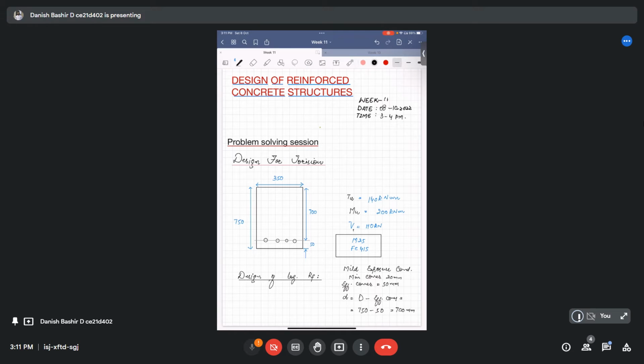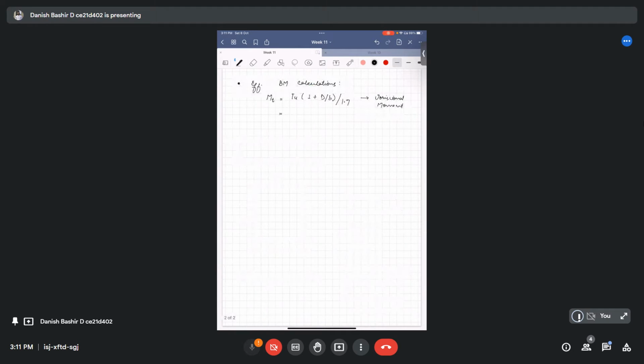So Mt equals 140 times 1 plus 750 over 350, divided by 1.7. When we calculate this, our torsional moment comes out to be 259 kilonewton meter.